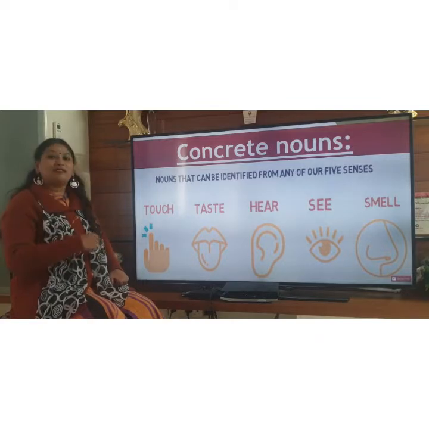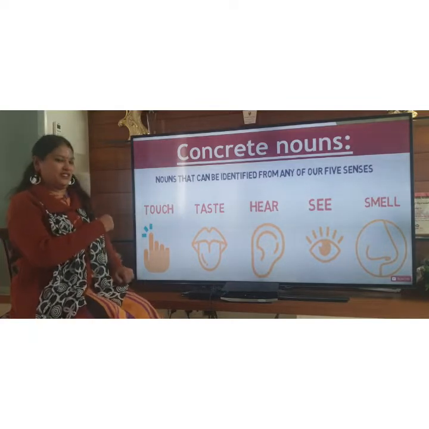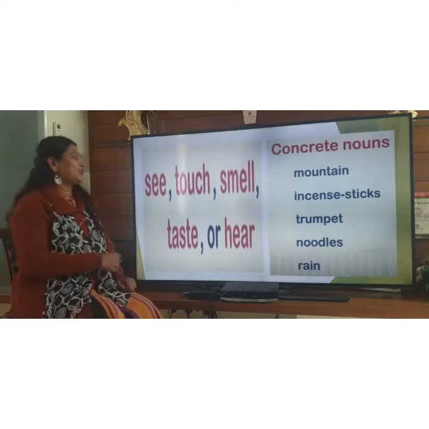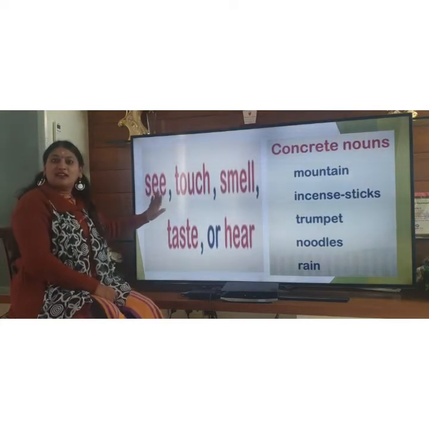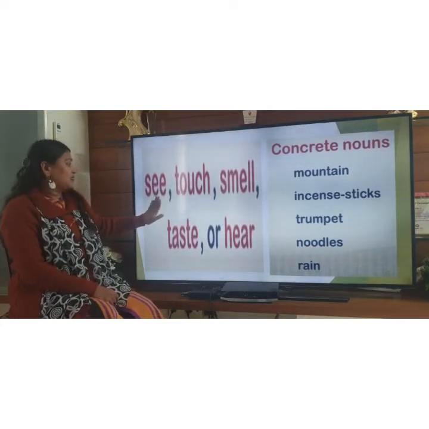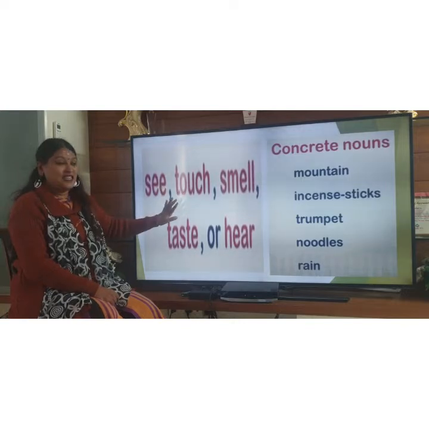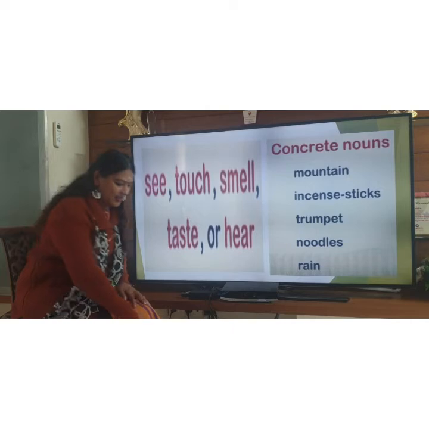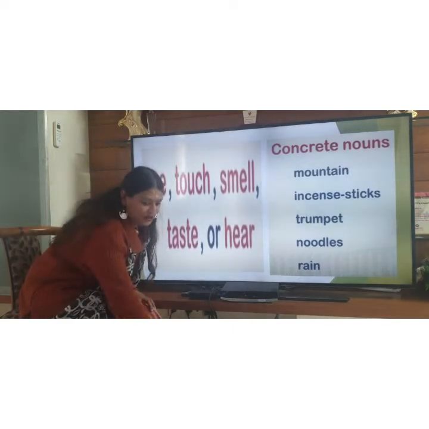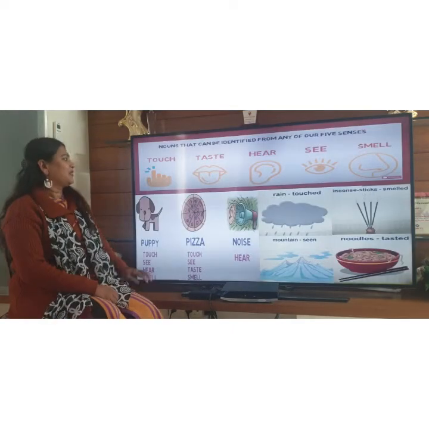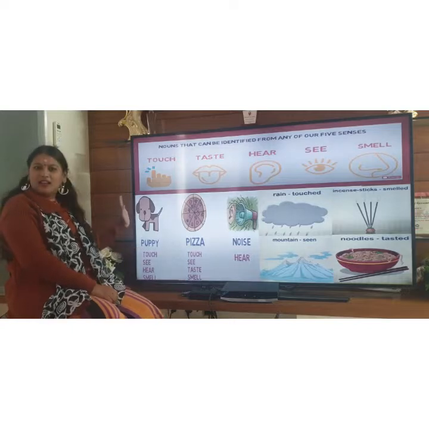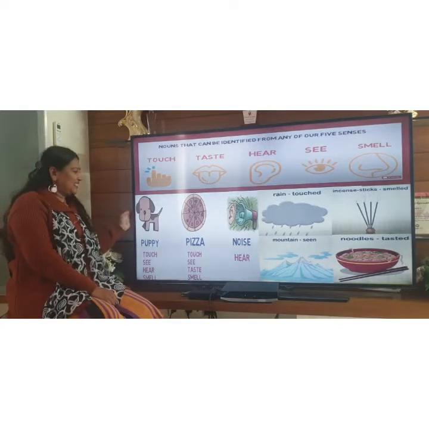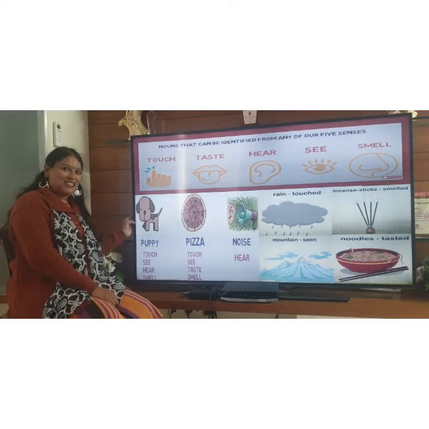Let's go ahead in detail and check through examples. The SSTT is what? Smell, see, touch, taste and hear. Let me show you a pictorial example. You are all aware of this animal.